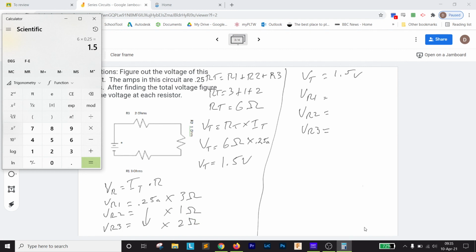So I'm just going to start doing this in the calculator as you can see. 0.25 times 3 is going to be 0.75 volts. 0.25 times 1 equals 0.25 volts, go figure. And then 0.25 times 2 is going to be 0.5 volts. And if you do add these up, you will in fact get 1.5 volts, proving Kirchhoff's law.